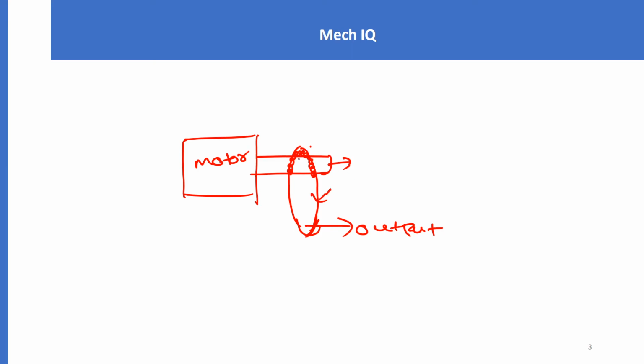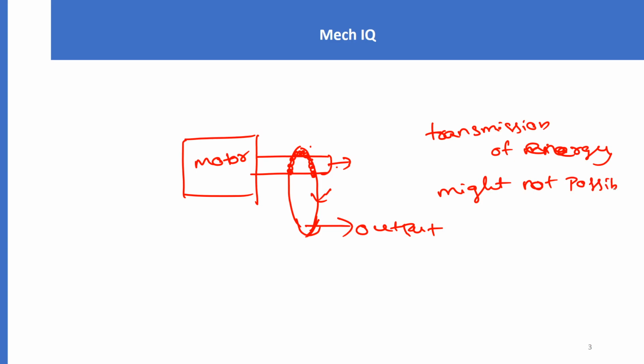Otherwise, if friction is very low, or does not exist, the shaft will keep on rotating and slip occurs and the belt doesn't move. So transmission of energy might not be possible without friction.